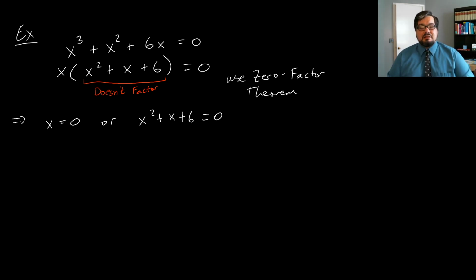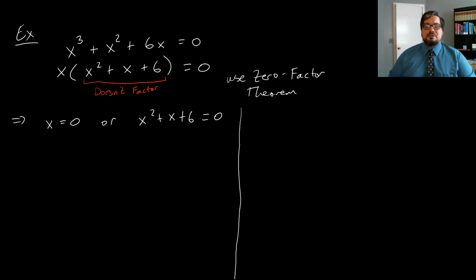Well, the x equals 0 solution, we understand that. That's fine. We don't need to do any more work on that. But x squared plus x plus 6 equals 0 is a new equation which we want to solve. Now, this is a good time to take a step aside and do some work over on the side.